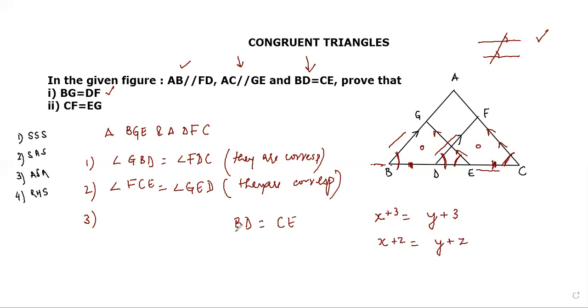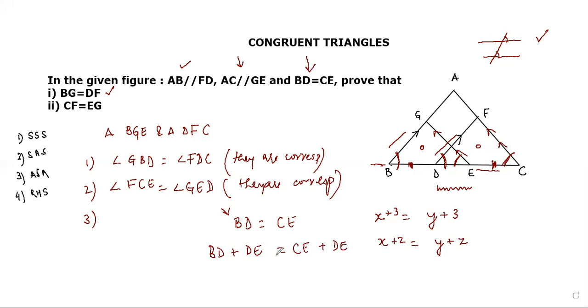And this is exactly the concept we are going to use here. BD is equal to CE. I am going to add this DE part to both. Let's see how. BD plus DE is equal to CE plus DE. See, I'm adding DE to both sides.